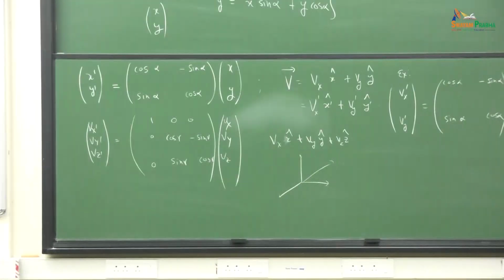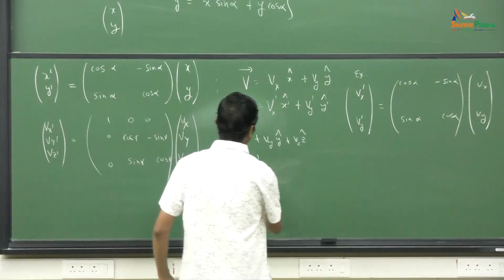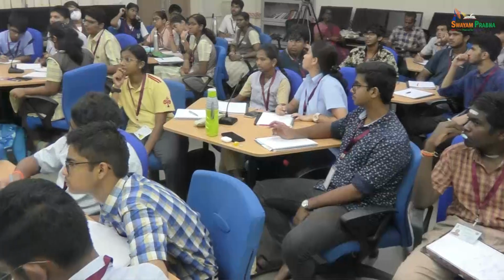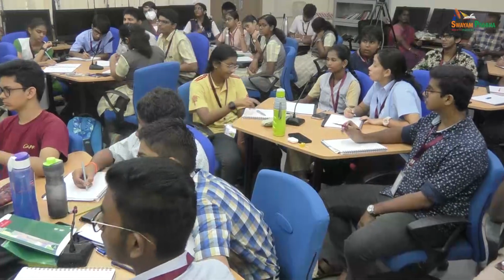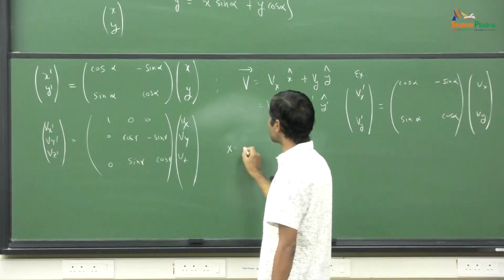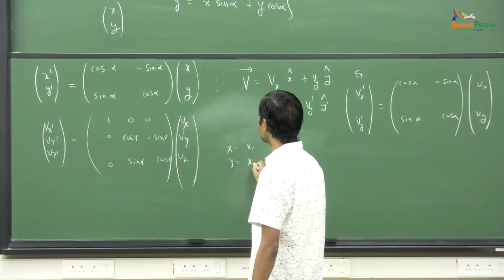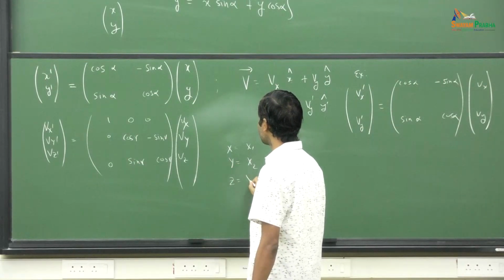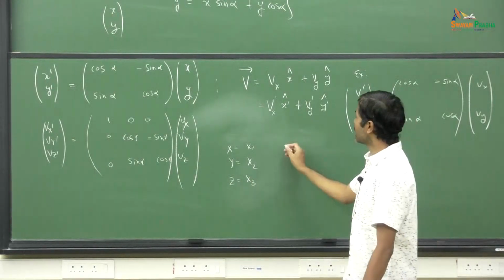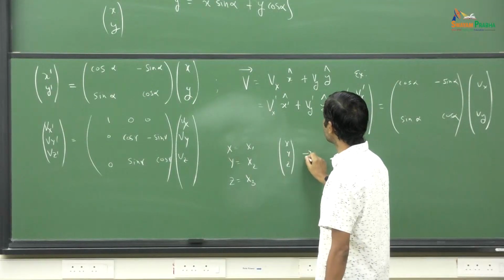But let's do it in a slightly more abstract way, because that is also going to help us in understanding something more. I will introduce a new notation. I will say x is x1, y is x2, and z is x3. So this x, y, z, I will represent in terms of indices.